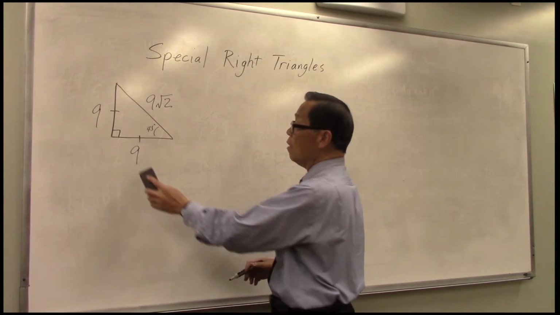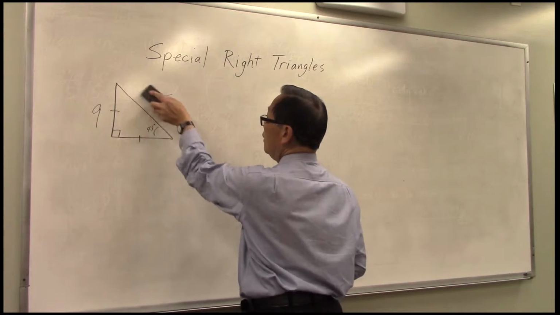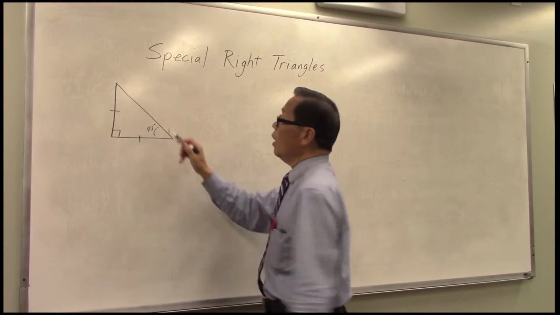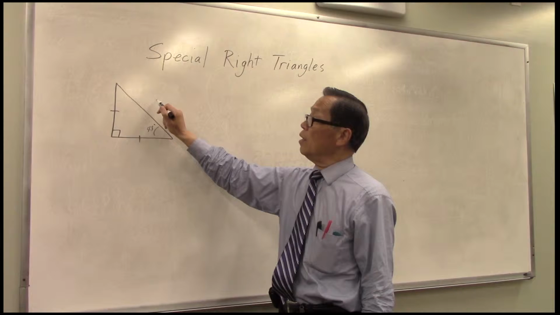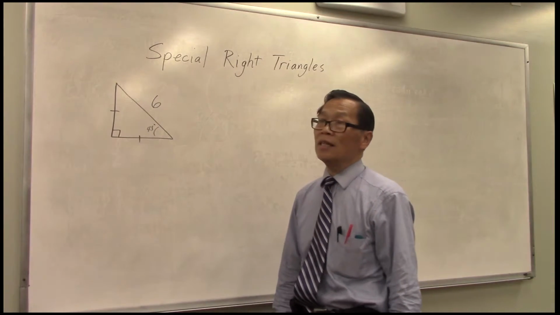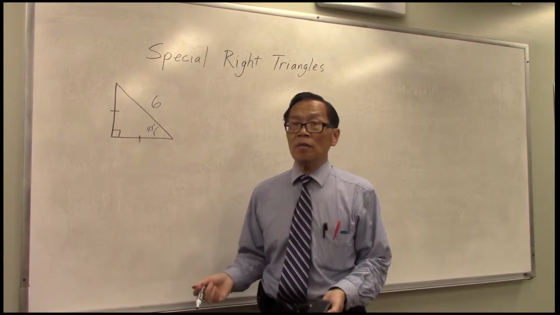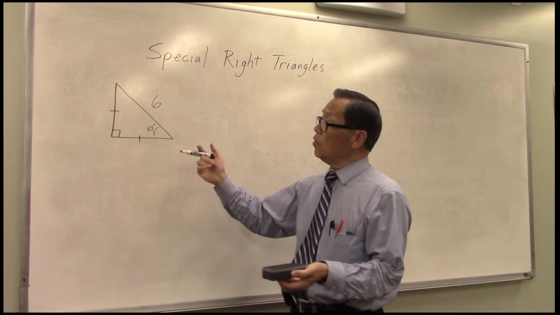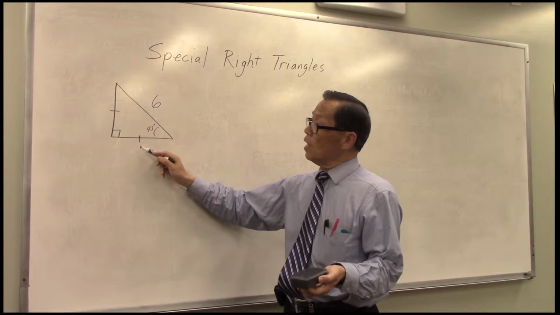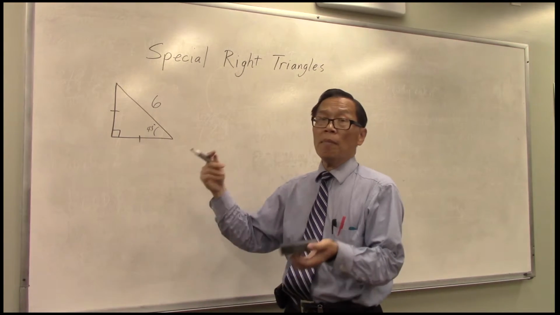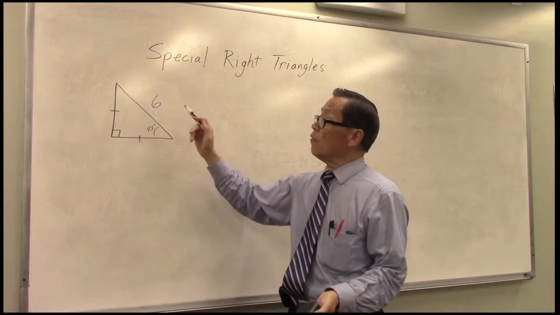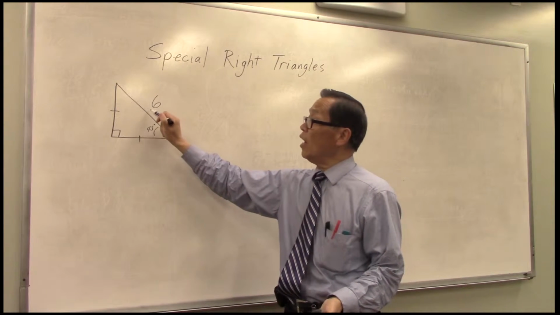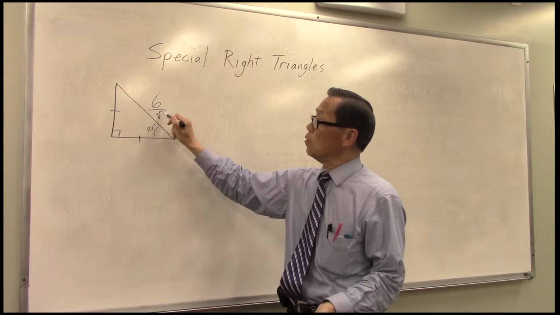Now the difficulty comes in when we don't have a radical 2 here. What if we have a 6? Then we have to teach them that in order to go from the side to the hypotenuse, we multiply by radical 2. If you want to go backwards, you have to divide by radical 2.